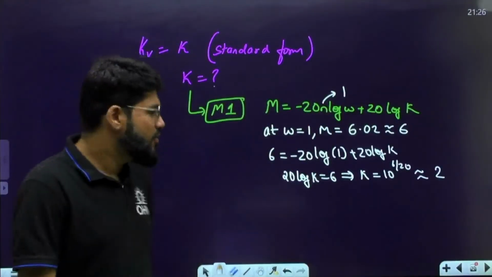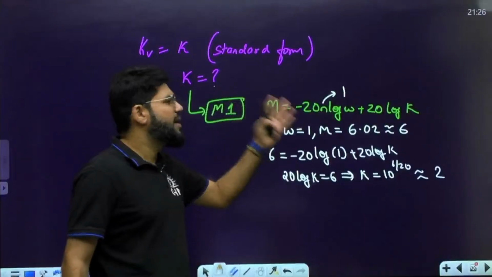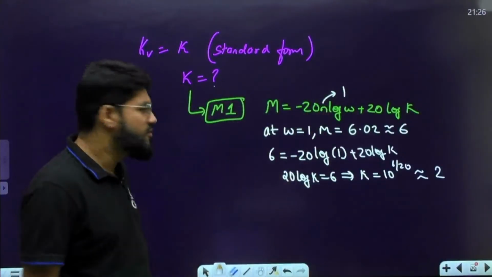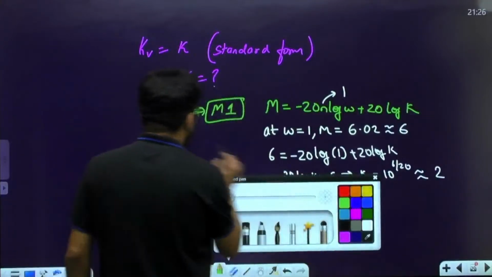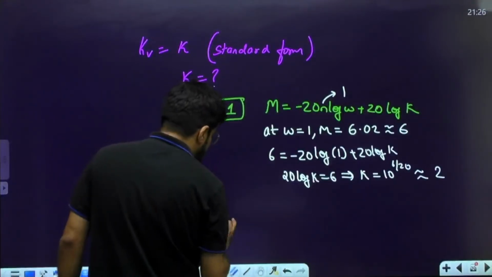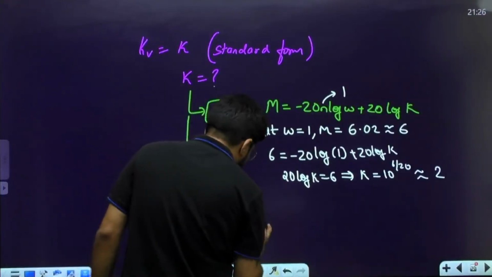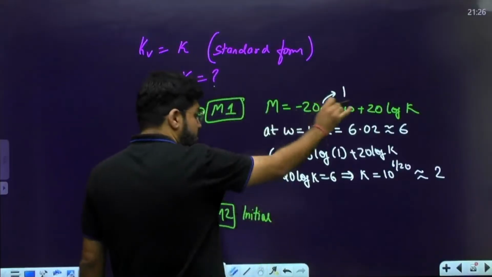Another method. Normally the initial part magnitude formula will mostly help you solve k, but still I'll tell another method here. Method number 2 is derived using this formula only.